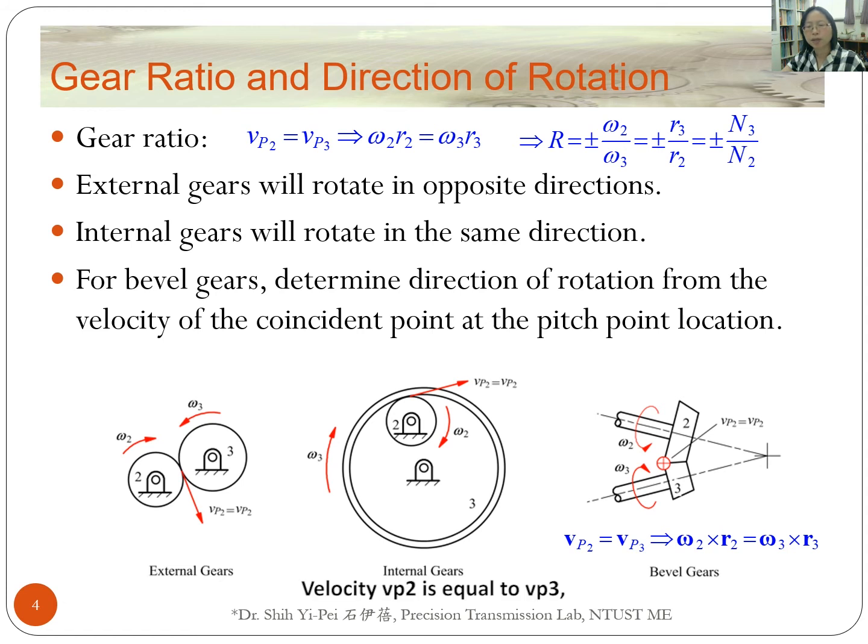Velocity Vp2 is equal to Vp3, so omega 2 cross R2 is equal to omega 3 cross R3. The direction is shown in this figure. For paired gears, the large end of the gear is used for the measurement of the pitch radii.